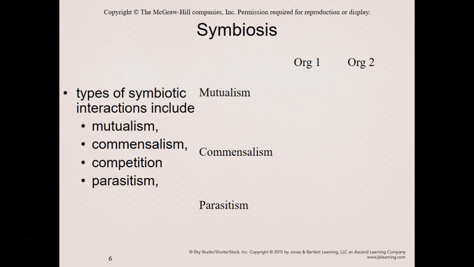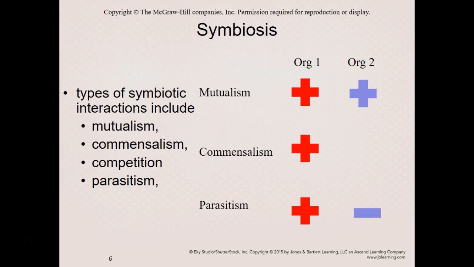So here are three basic types of symbioses. Mutualism, where we're both gaining benefit. Commensalism, where one gains benefit, but the other doesn't gain or lose anything. And then I have competition and parasitism.